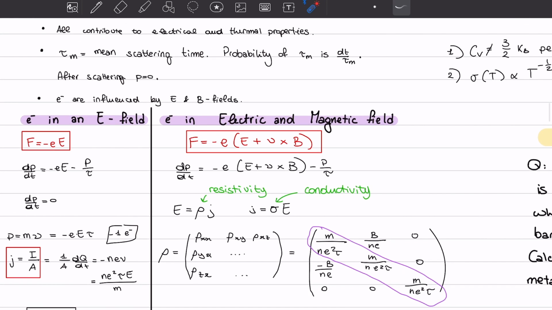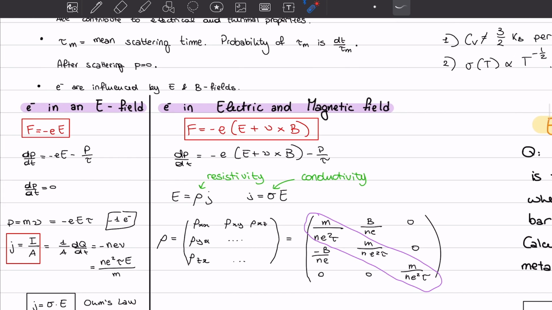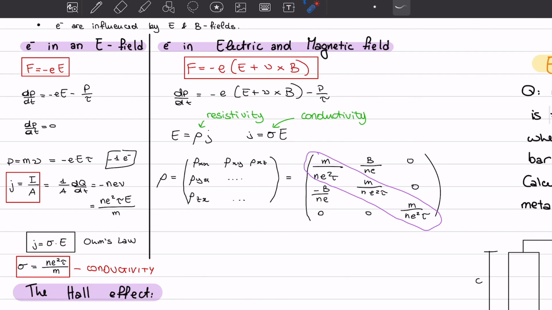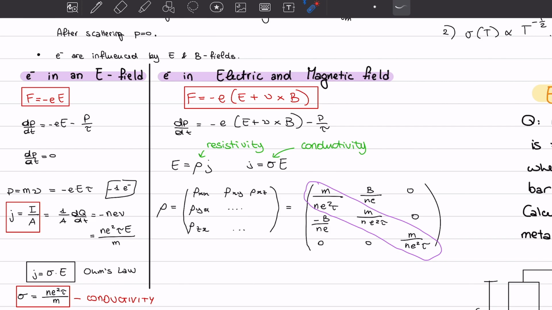So we're going to look at the most important equations for electrons in an electric field alone, which is: the force is equal to minus the electric charge times the electric field E. And if we substitute it into the equation, which I'm going to write in green here, dp over dt is equal to the force minus p over tau.